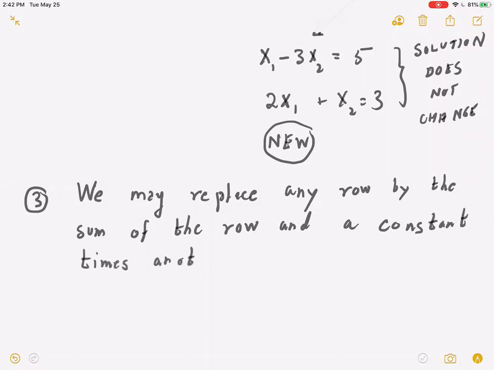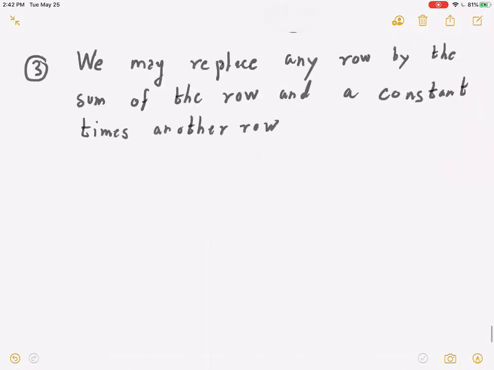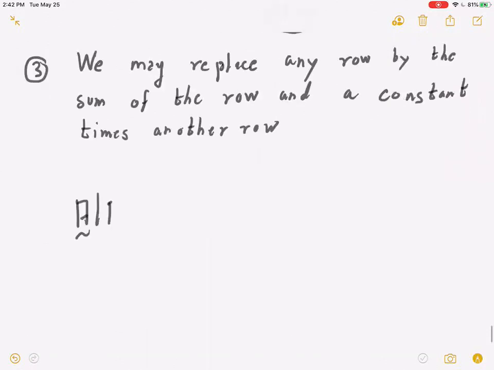A lot of words, but let's just see what's going on here. So we'll go back to our simple example. We've built an augmented matrix for a particular set of linear equations, 2 equations, 2 unknowns. First row looks like that. Second row looks like that.